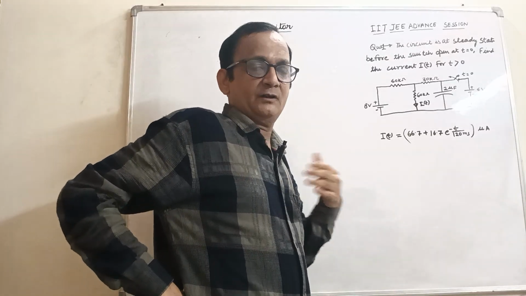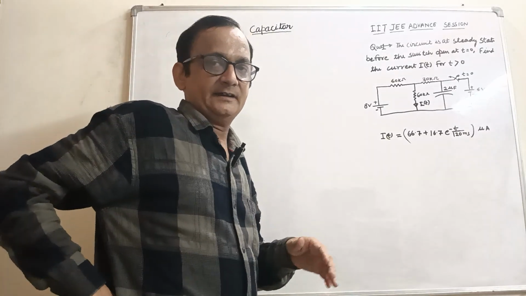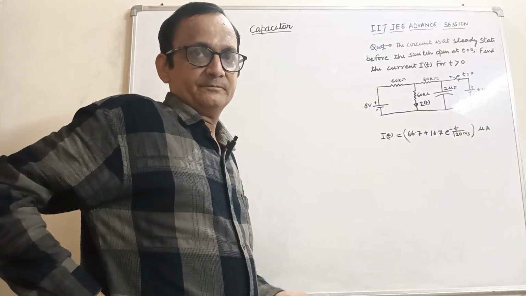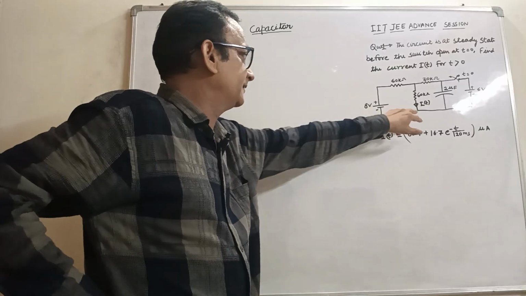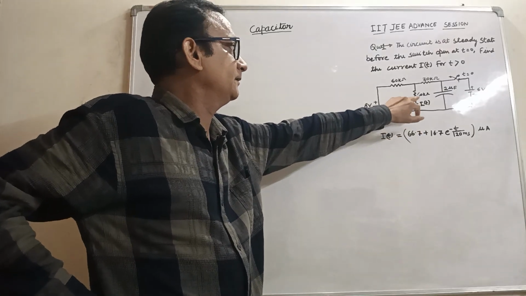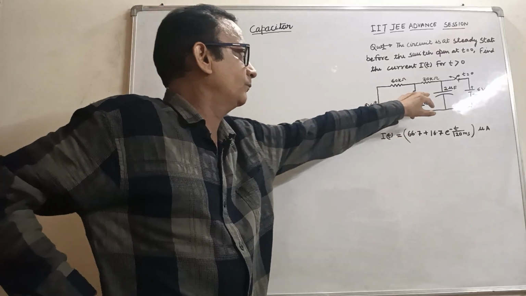So at that particular time t, we have to find the current in this branch, that is the 60 kilo ohm resistance.